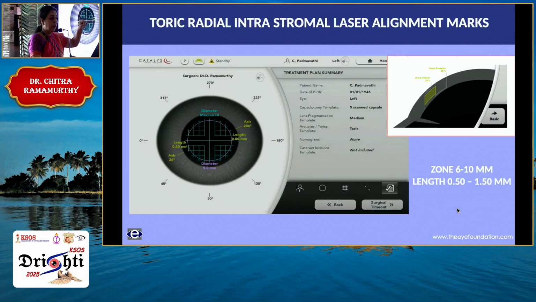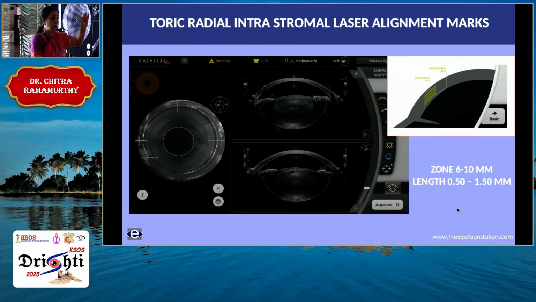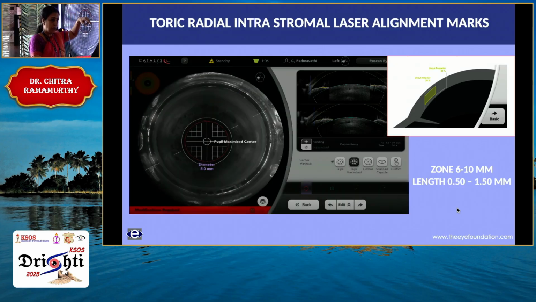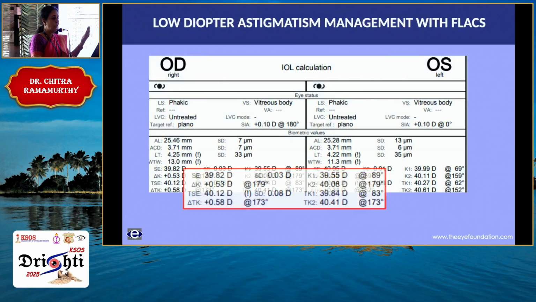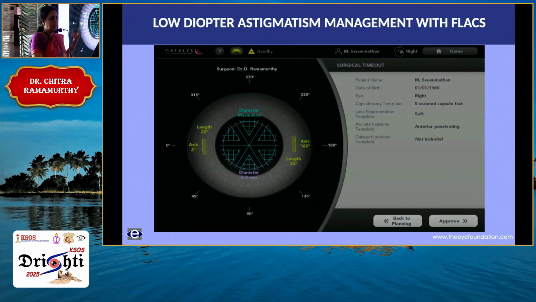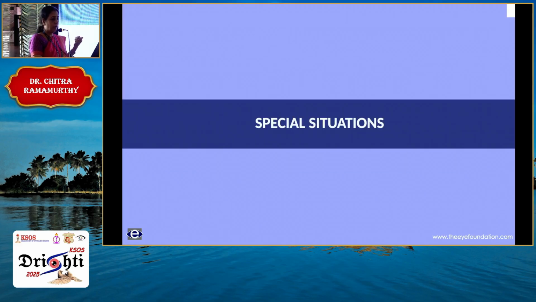You have these intrastromal radial markers at 6 to 10 millimeters for 0.5 to 1.5. So if the pupil is very small, those intrastromal marks would also allow you to align the lens. Even if it's a small amount of astigmatism, I would use arcuate keratotomies with the Donnenfeld nomograms, which will correct it all. Because when you're doing a premium IOL, it's not forgiving even for a small amount of astigmatism.